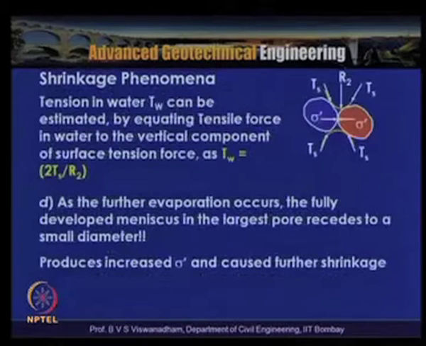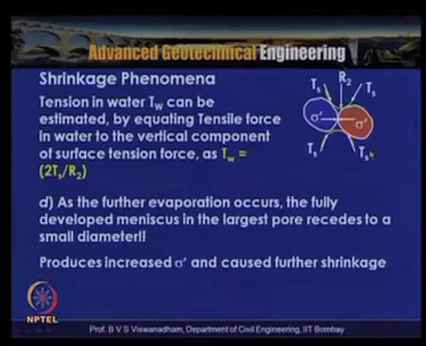As this process continues, the particles are pushed or pulled closer, and the tension in water Tw can be estimated by equating the tensile forces in the water to the vertical components of the surface tension force. With that, we can calculate Tw equal to 2Ts by R2.